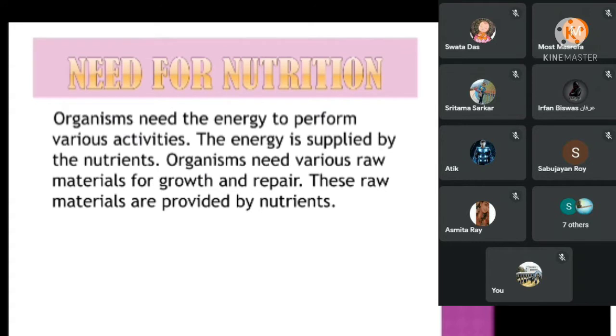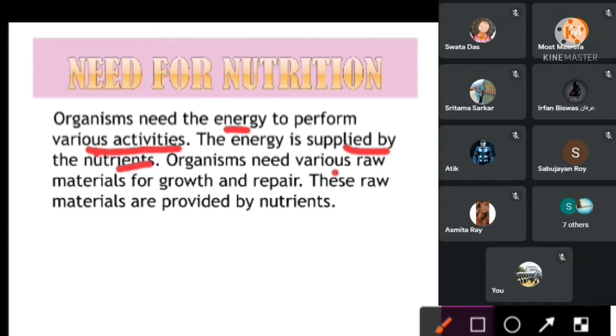Next, the need for nutrition. Why is nutrition needed for our body? Organisms need energy to perform various activities. To do the various activities inside their body, energy is needed, and this required energy is supplied by the nutrients.